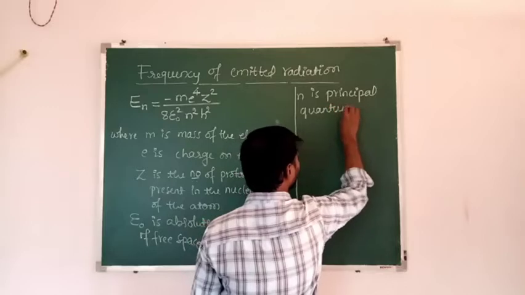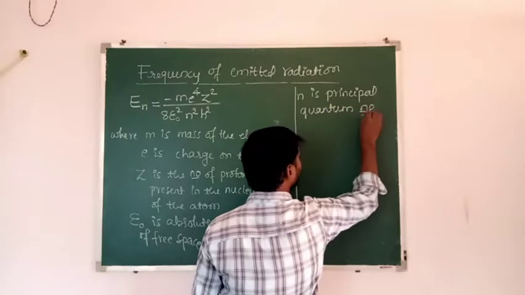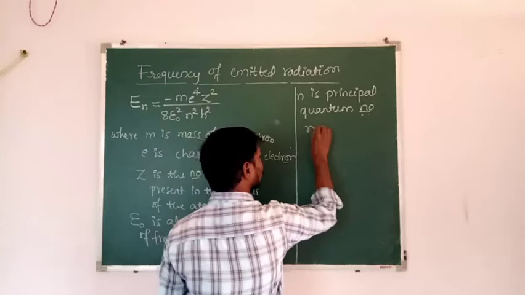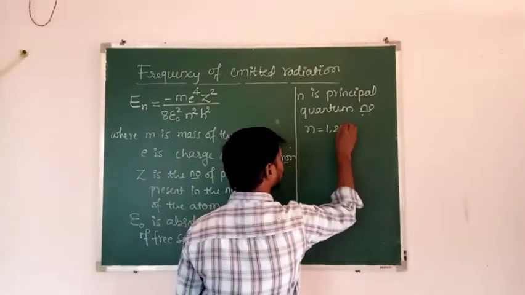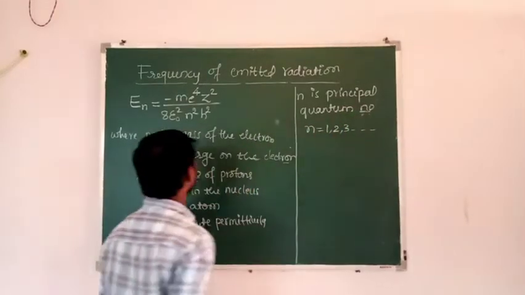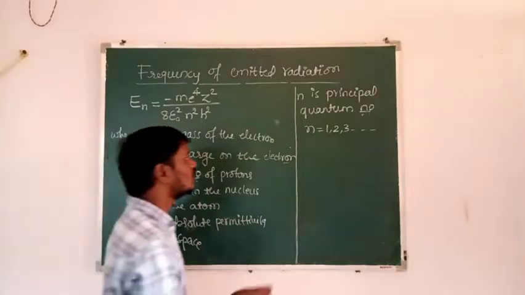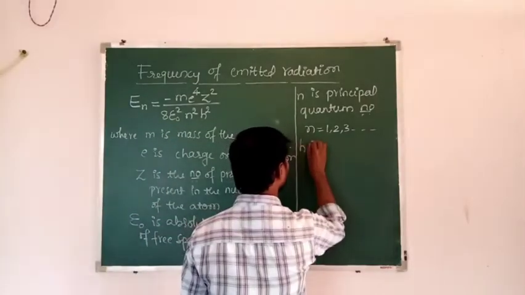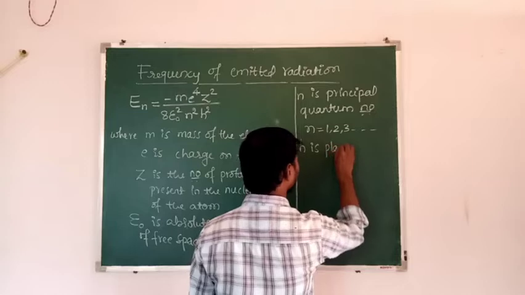Here the principal quantum number takes the values n is equal to 1, 2, 3 and so on. Then what is h? h is nothing but Planck's constant.